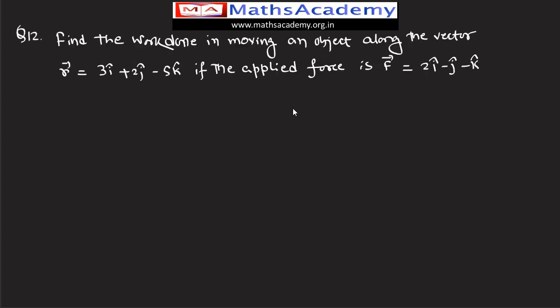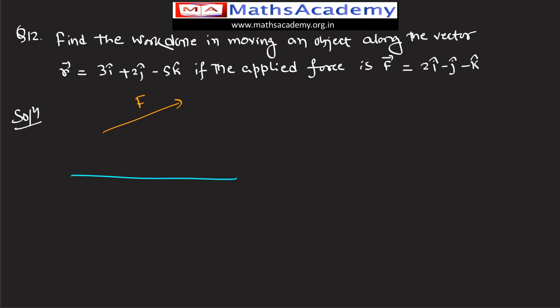Find the work done in moving an object along the vector r if the applied force is this. Force is given and displacement is also given. So now suppose this is the force vector F and this is our displacement vector r.